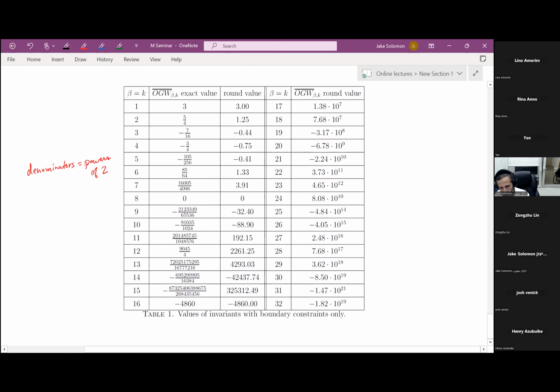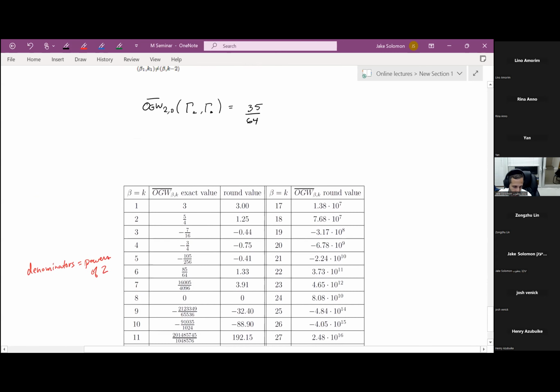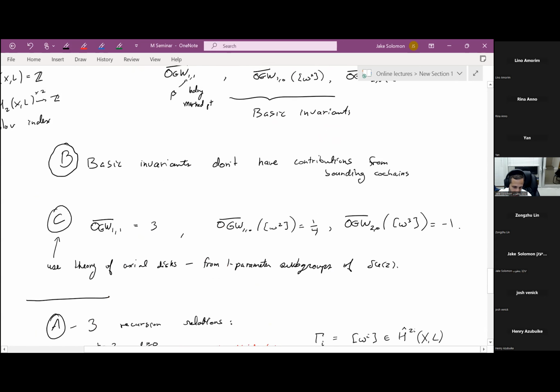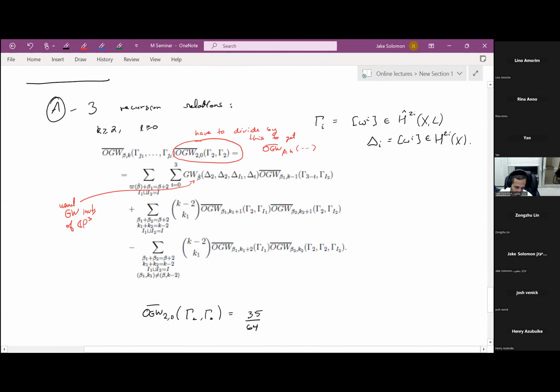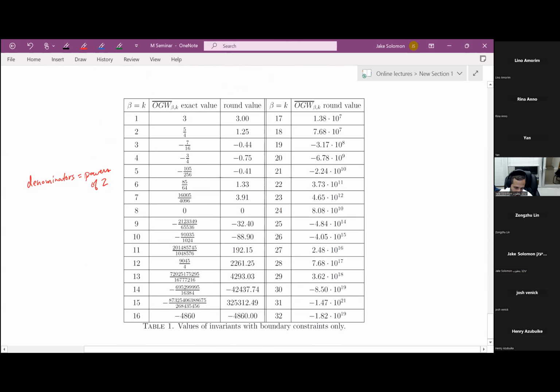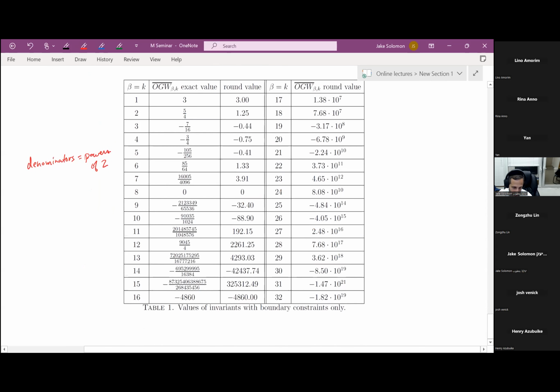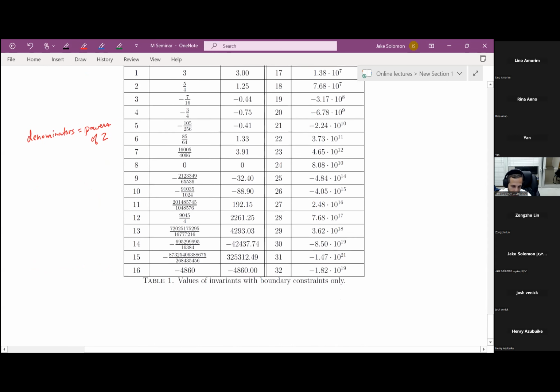And you might think, well, this may be just some kind of soft phenomenon, but for example, if you change the sign of this invariant, say, or any one of the 3, this phenomenon will be destroyed. In fact, it seems that if you know 2 of the initial values and you require the denominators to be powers of 2, this entirely determines the third. But somehow we can't prove this.